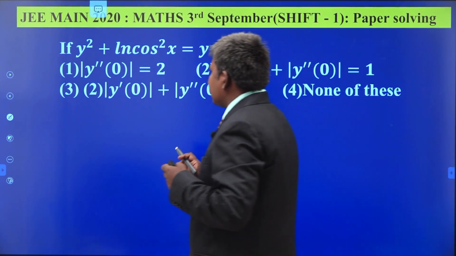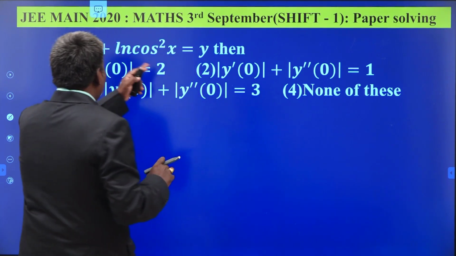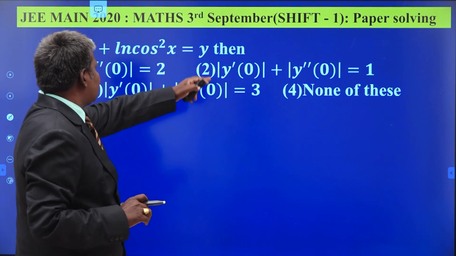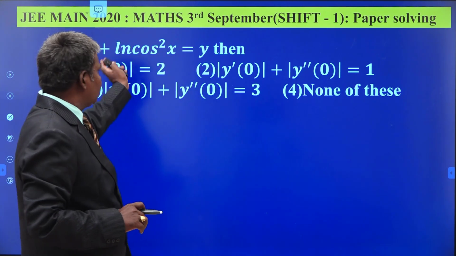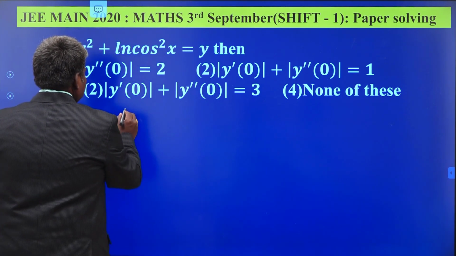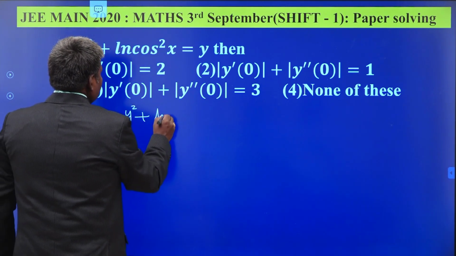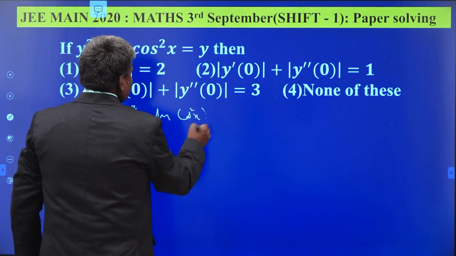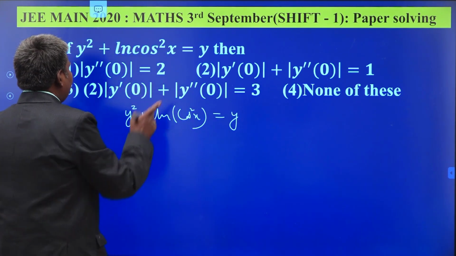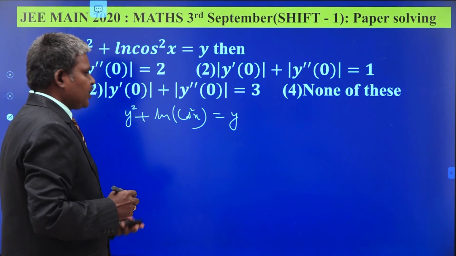So what is your function? Is it implicit or explicit? y square plus log of cos square x is equal to y. So x and y are mixed here. To get y double dash, differentiate with respect to x on both sides.